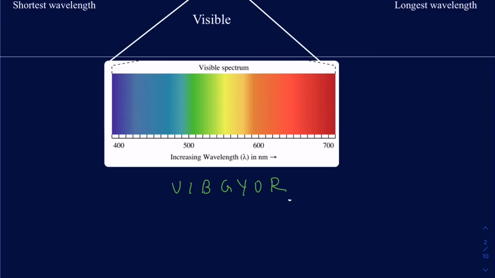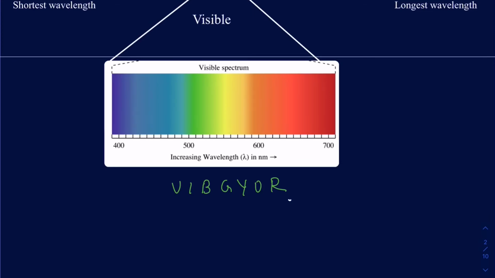This is how the order is going to be, and you don't have to know what particular color corresponds to what wavelength. It's a good idea to know the range of the visible spectrum. It goes about 400 to 700 nanometers, and you want to know which color has longer wavelengths and which colors have the higher frequencies and stuff like that.